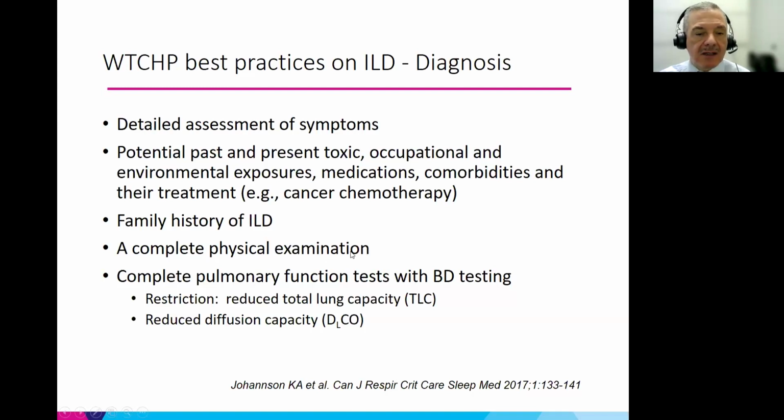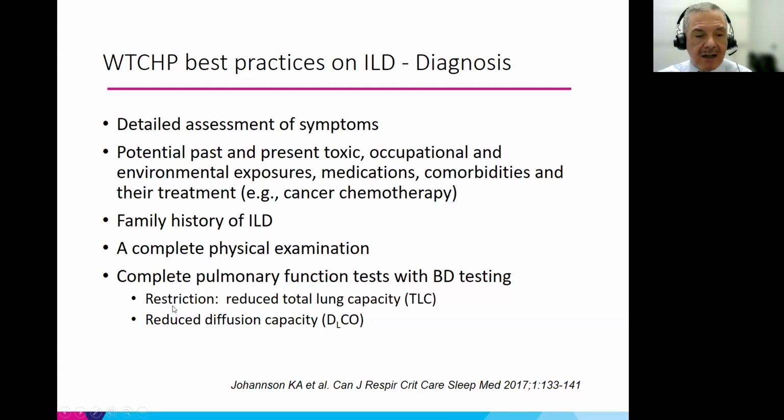And then in terms of testing, functionally, you go to a complete pulmonary function test that includes spirometry, lung volume determination, and diffusion capacity, with bronchodilator testing to exclude any coexisting obstructive lung disease, reversible or fixed.